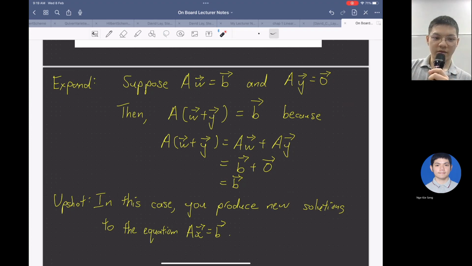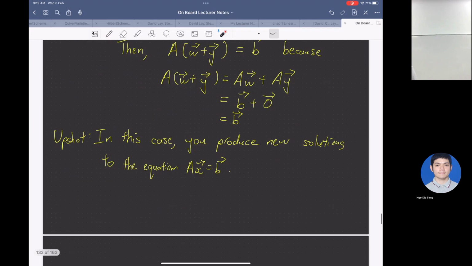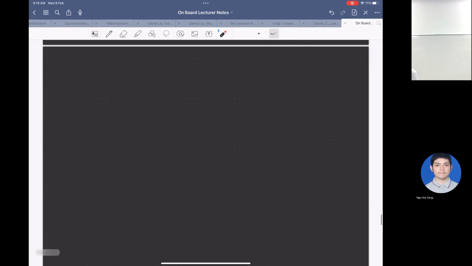What's the time? 9:19. Okay, let's go into linear independence. The most important parts of this section are the translation and the parametric vector form. The next part is linear independence.